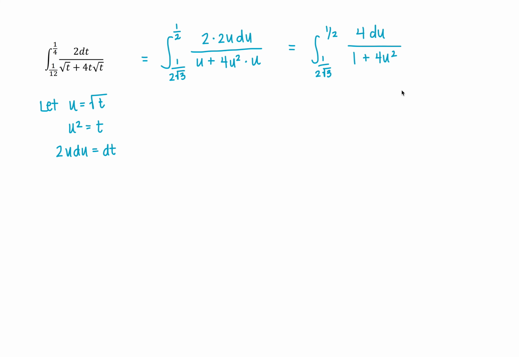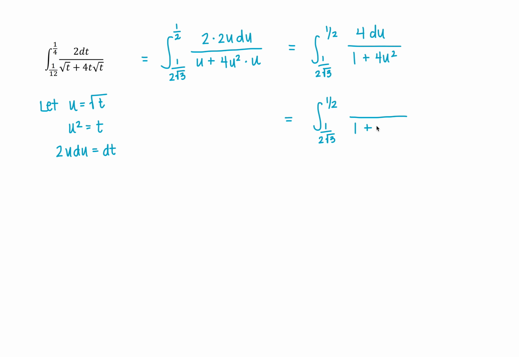Now, we're going to end up using a formula from the integration tables, and I'm going to get it into form. In the formula, in the denominator, we've got a number squared, which in our case is going to be a 1 squared.